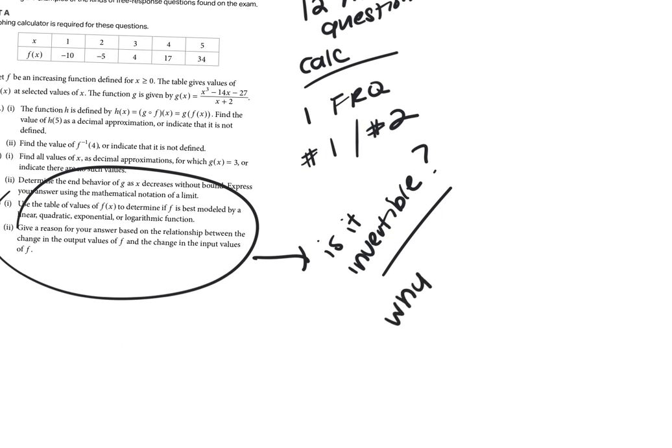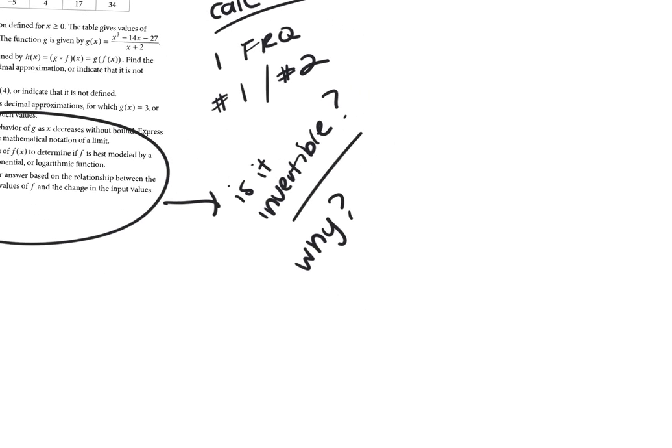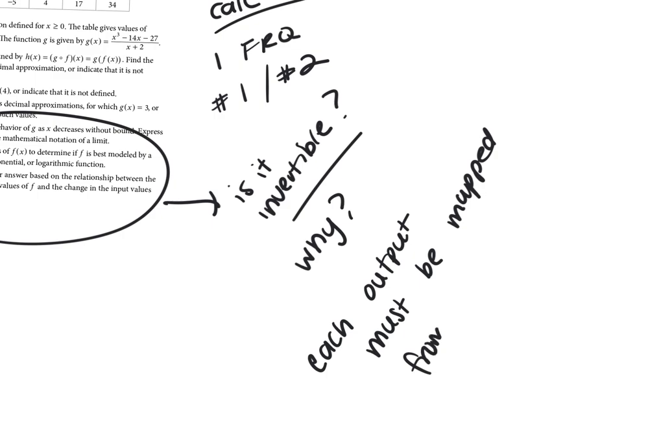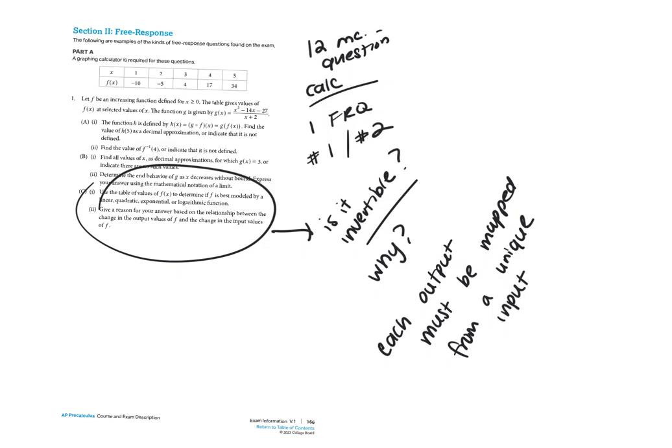So if it is not invertible, then each output must be mapped from a unique input. You cannot say horizontal line test, okay? And it will say specifically use the values in here to justify.